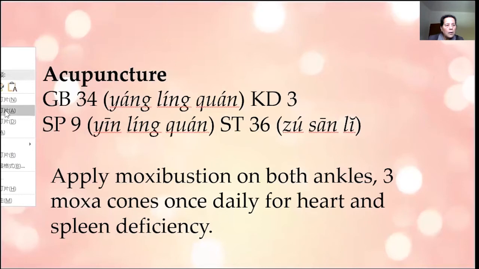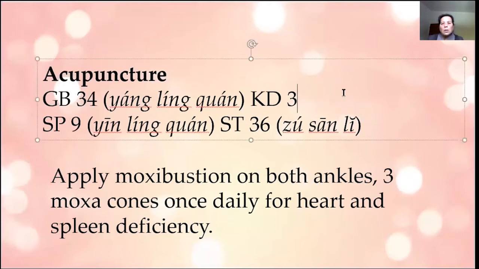Basically we can do a pretty similar treatment to the last pattern. Gallbladder 34 is good, Kidney 3 is good. Also you can add in Liver 3 and the source point of the liver.